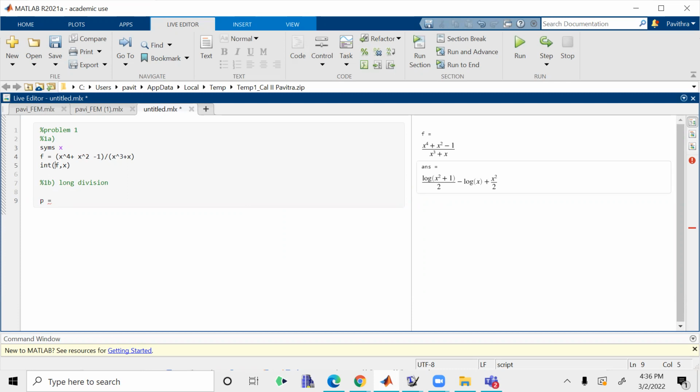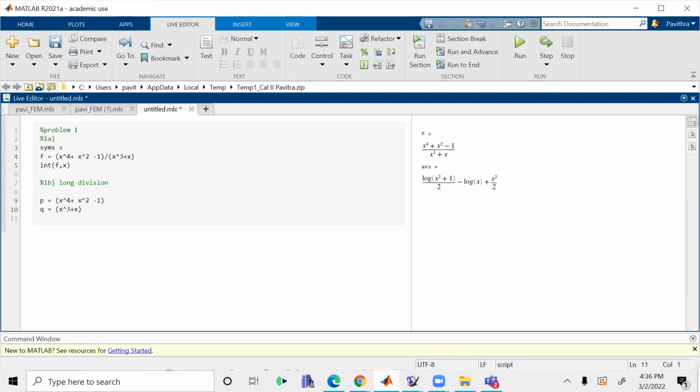So the numerator, I will just take it as P. You can see that I'm just copying here. So this is my numerator, right? Q equal to, and the denominator whichever I have mentioned here is x cubed plus x. So this is the denominator.